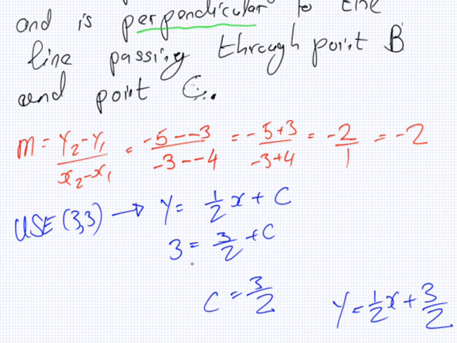A, which is here. B, which is here. And then whatever, C, which is here. And A is the point 3, 3, and B is the point minus 4, minus 3, and then C is the point minus 3, minus 5.